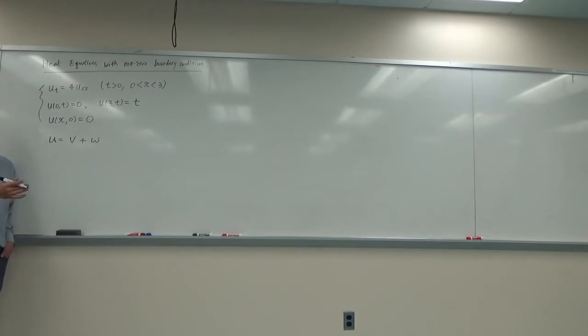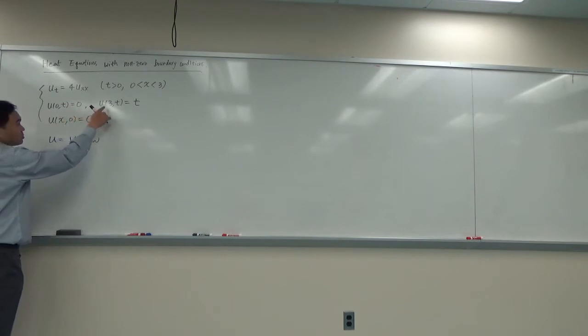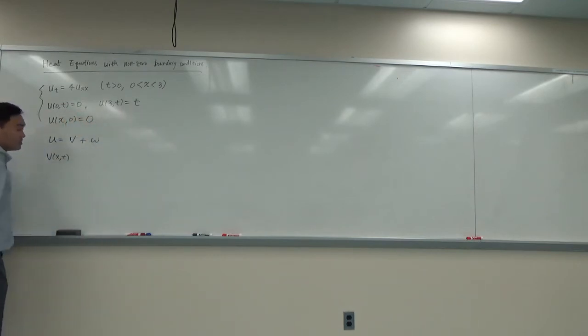So it's the same idea, right? So I need something that satisfies u of 0 as 0 and u of 3 as t. What's our pick? Again, we don't have any knowledge. We just make guesses and make it work.